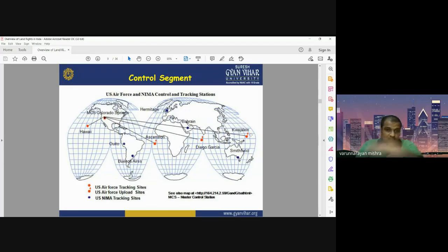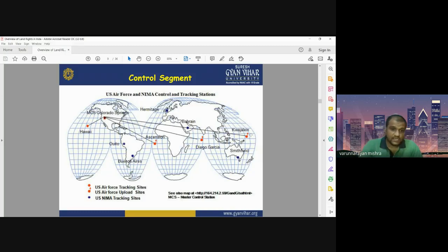All the control stations around the world are governed by the US Air Force, which handles the maintenance and management. You should remember the names of these four ground control stations: Hawaii, Ascension Island, Diego Garcia, and Kwajalein.